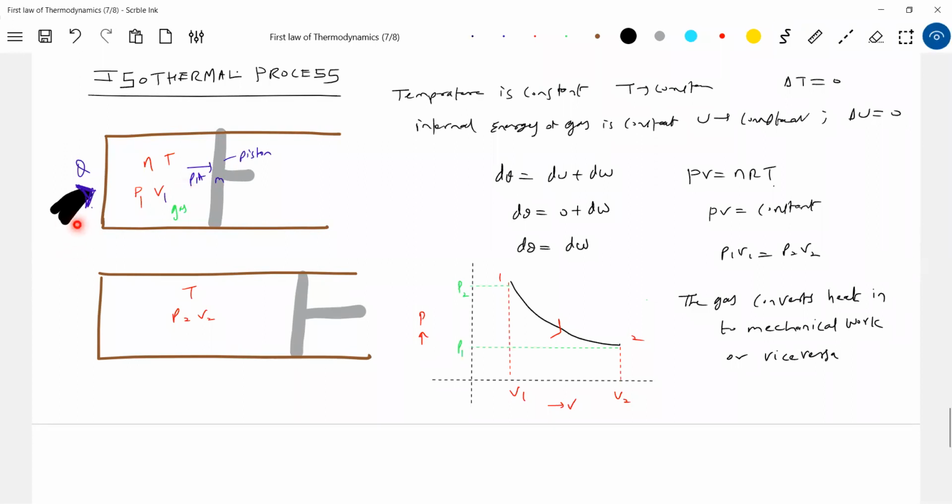You just put some candle flame or Bunsen burner here. The piston, conductor and the gas absorb it, and the gas converts that into mechanical work. What do I mean by mechanical work? The piston starts moving. There's a meaning to this. I think the books have missed this very badly.